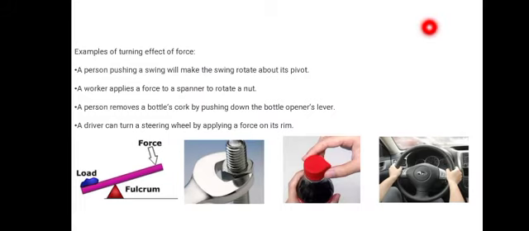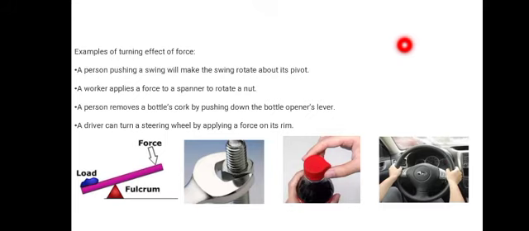These are some practical examples of turning effect. For example, in figure number 1, a person pushing a swing will make the swing rotate about its pivot point. We discussed this example earlier. Similarly, we discussed the second figure also, that a worker applies a force to a spanner, then what will happen?